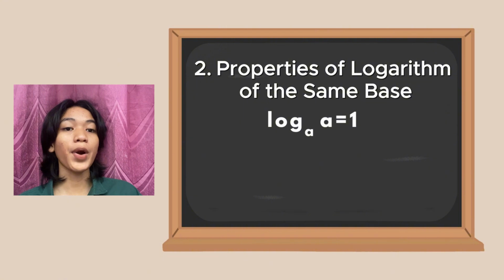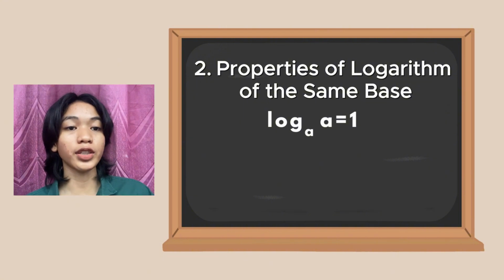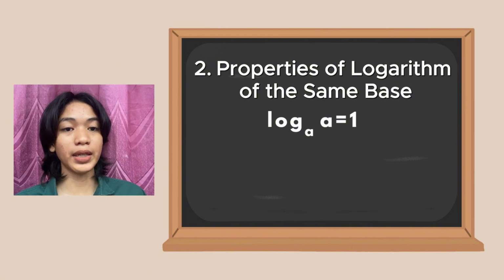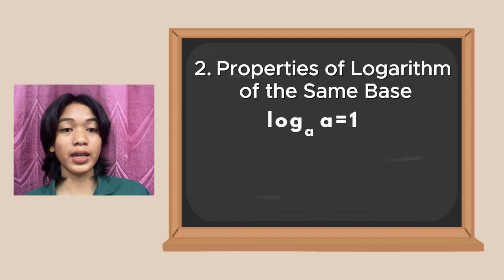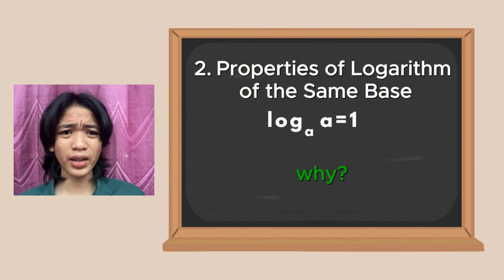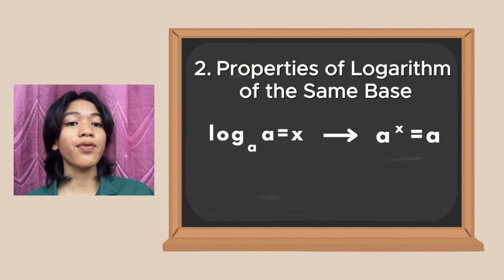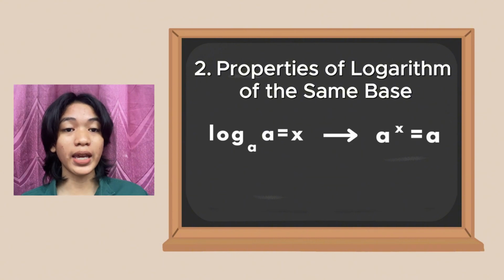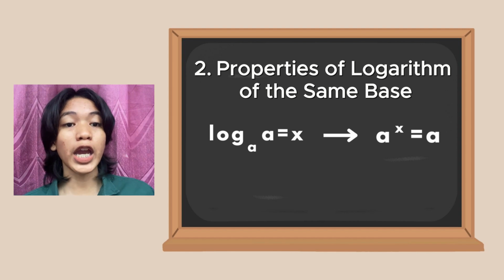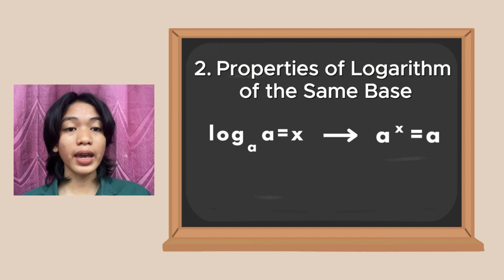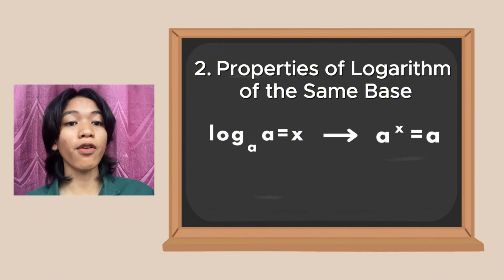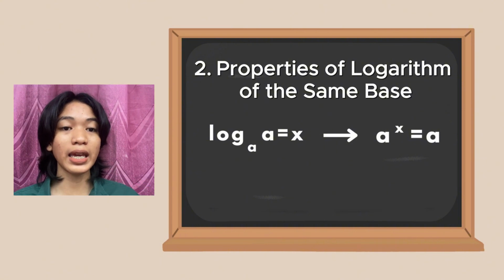2. Properties of logarithms of the same base. Log base a of a equals 1. Why? Let log base a of a equals x. So we have a to the power of x equals a.